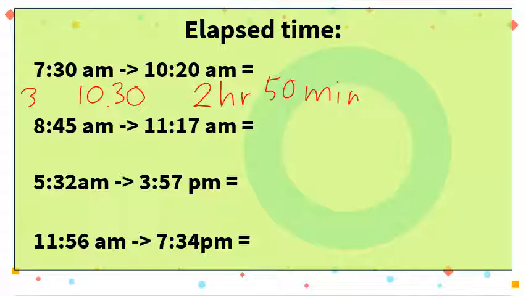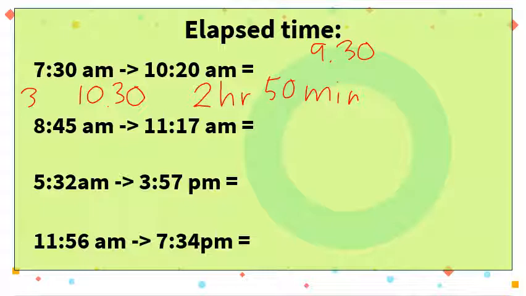The other way to do this is to go, all right, I know that adding 3 is going to get me to 10:30, which is too big. So I can say 7:30 plus 2 is going to get me to 9:30, plus another 30 minutes brings me to 10.